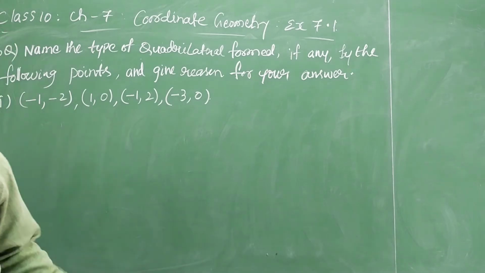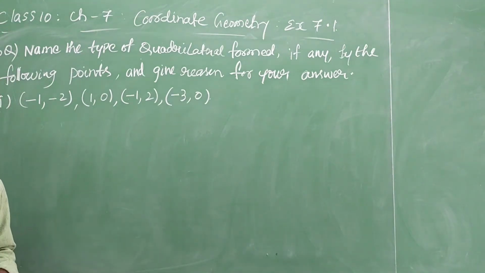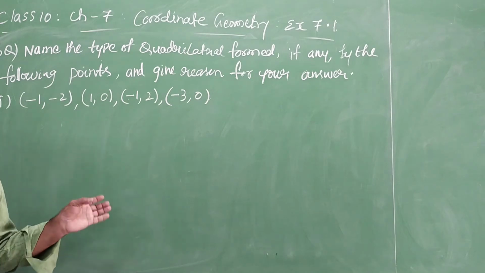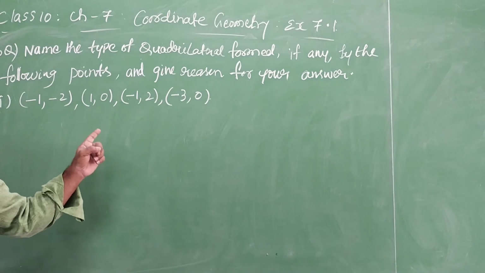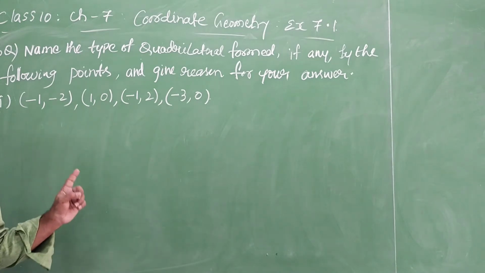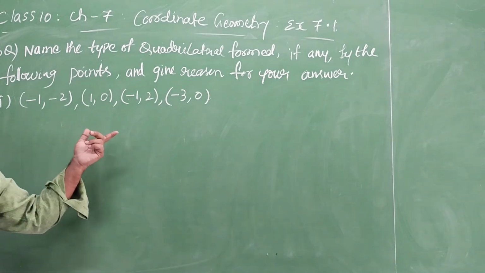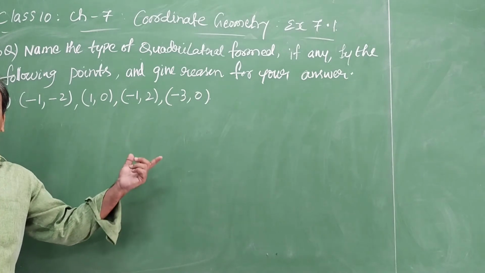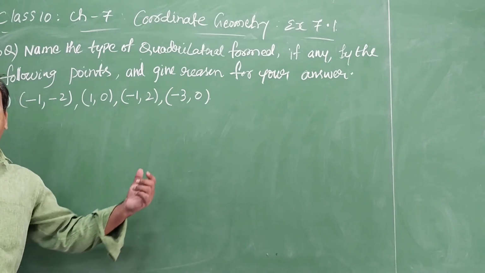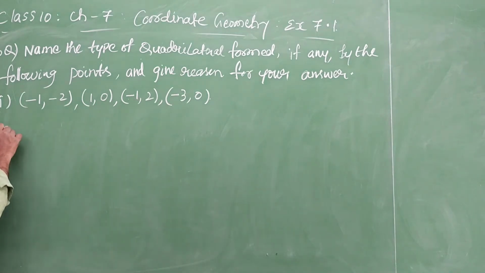As we know the properties of quadrilaterals, opposite sides are equal, adjacent sides are equal, diagonals are equal. Based on that property we will be identifying whether these points form a quadrilateral of type rectangle, square, parallelogram or rhombus.